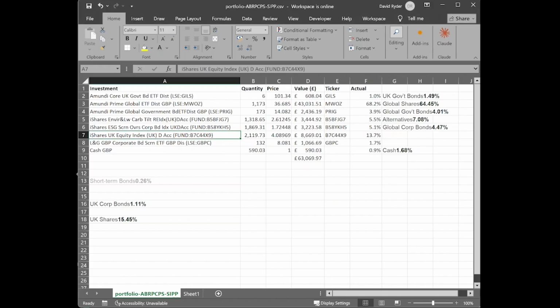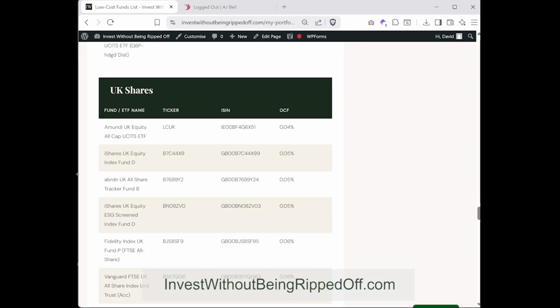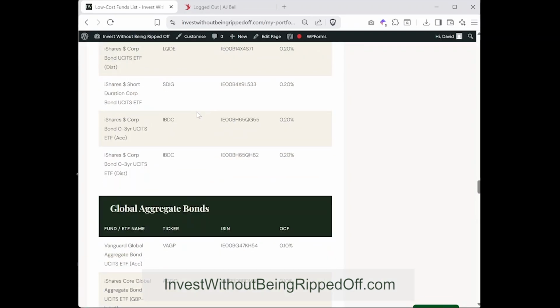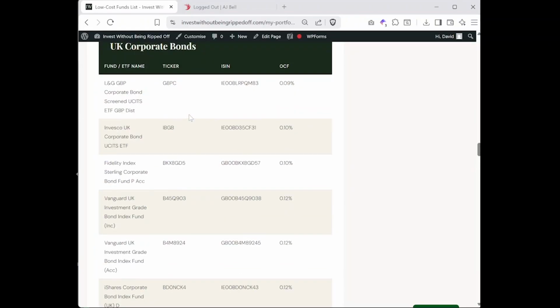UK shares, which is that one, and it's obvious that this is the last one, and just to make absolutely sure that we've got the right one, we're looking at GBPC under UK corporate bonds. UK corporate bonds, global corporate bonds, GBPC, and there it is.